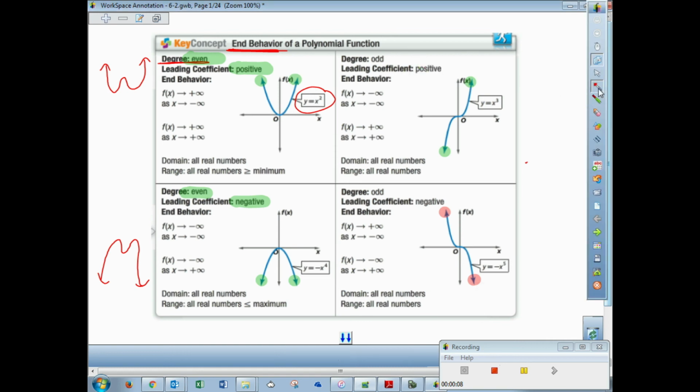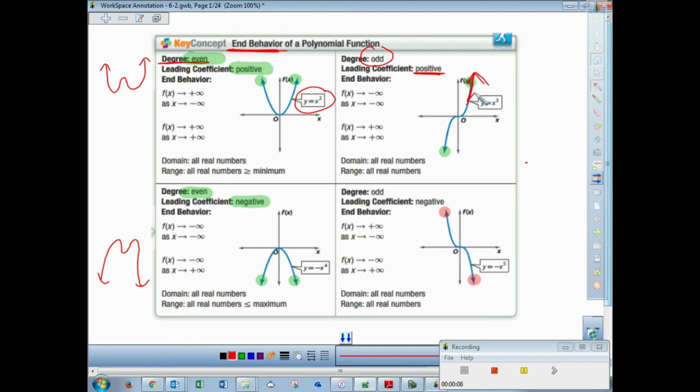If the leading coefficient is positive, I just have a little phrase that I remember. I don't know what Mrs. Colwell may have taught you guys, but I say odd means they got to go different directions, and positive means upright. I just say if you're positive, you're up. Positive, like if your attitude is positive, your attitude is up, and it's upright because if you look to the right, isn't this thing going up as it goes to the right?